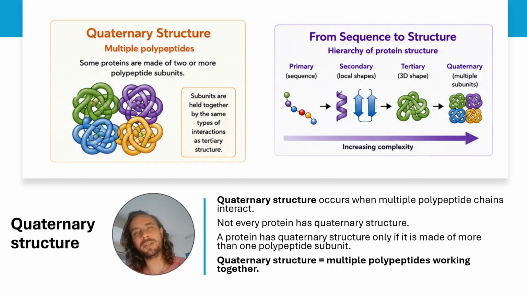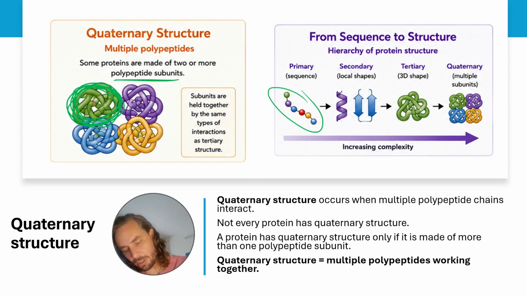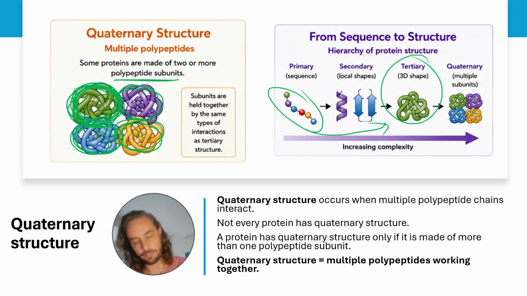Now, the quaternary structure. So we finished the tertiary structure. But a lot of the times, some proteins are made of 2 or more polypeptide subunits, meaning each has a primary structure up until the tertiary structure, and then these tertiary structures would come together to form a functional protein.